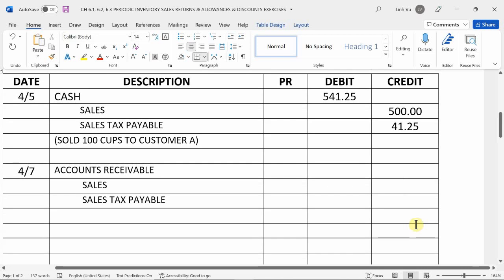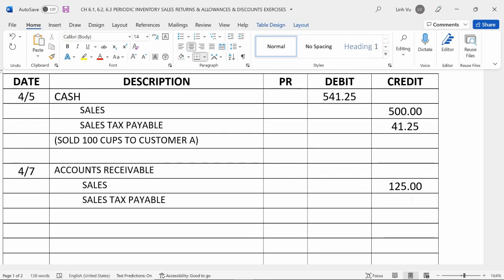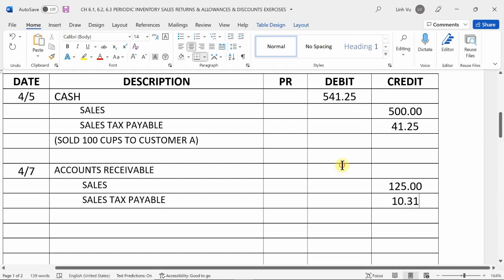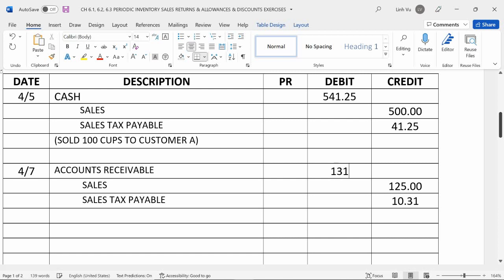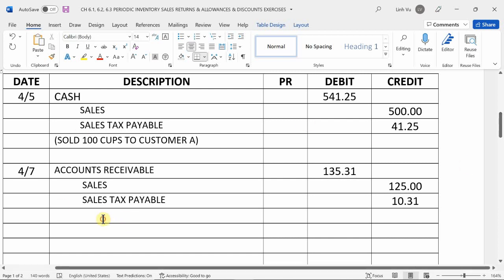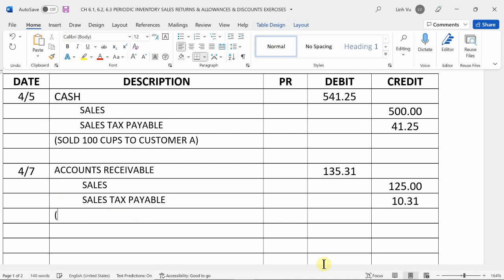The sale was $125 with a sales tax of $10.31. So how much does customer B owe me? $135.31. Okay.